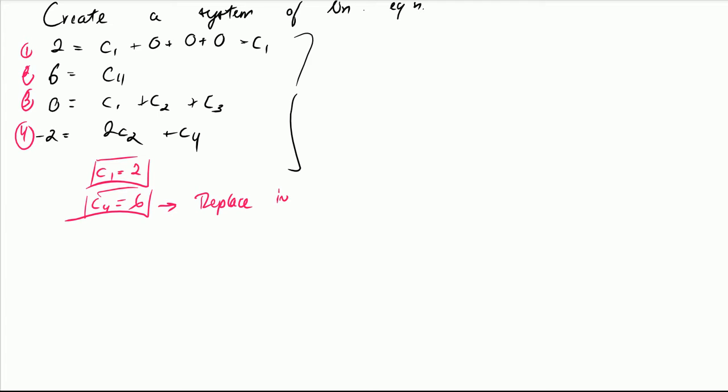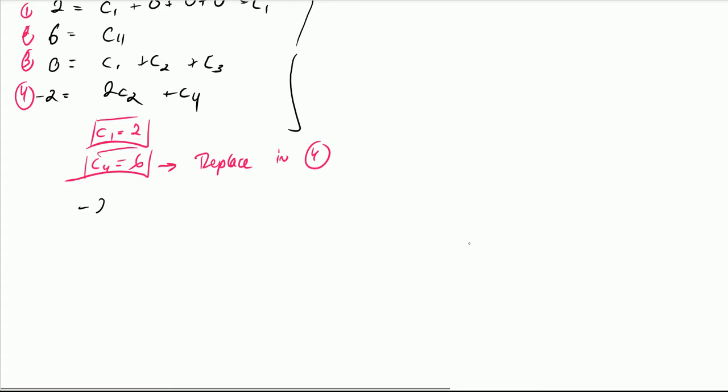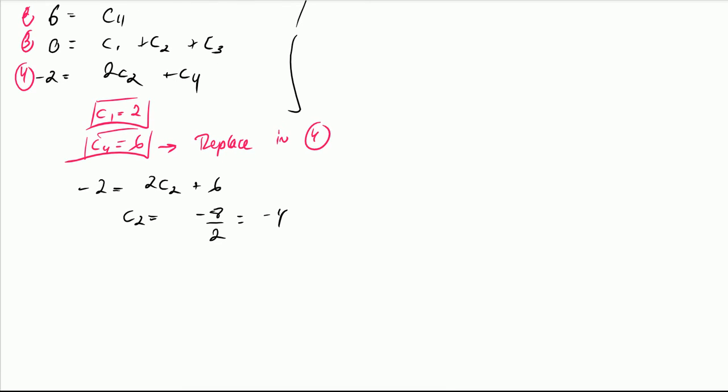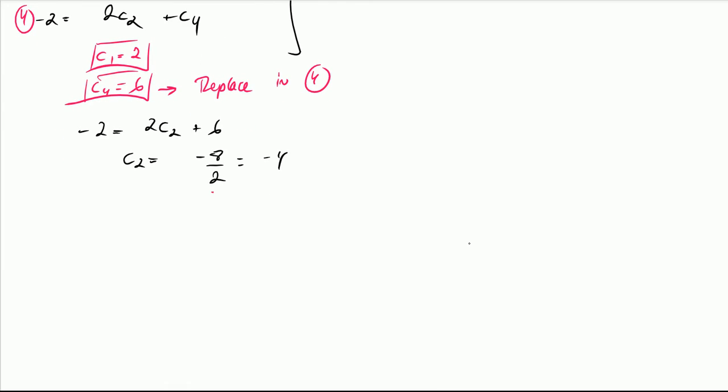I can replace C4 with 6 in equation number 4, and I'll get minus 2 is equal to 2C2 plus 6. If I isolate for C2, I'll get minus 8 over 2, so C2 is minus 4.